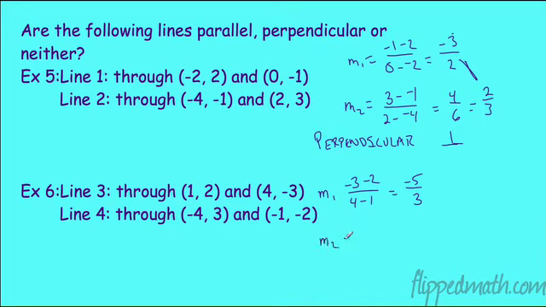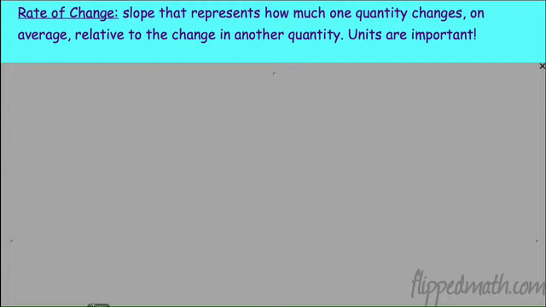Find the next one. -2 minus 3 over -1 minus -4. -2 minus 3 is -5. -1 minus -4 is +3. They're exactly the same. Therefore, the lines are parallel. And shorthand for parallel is two lines running right next to each other like train tracks that are never going to hit.